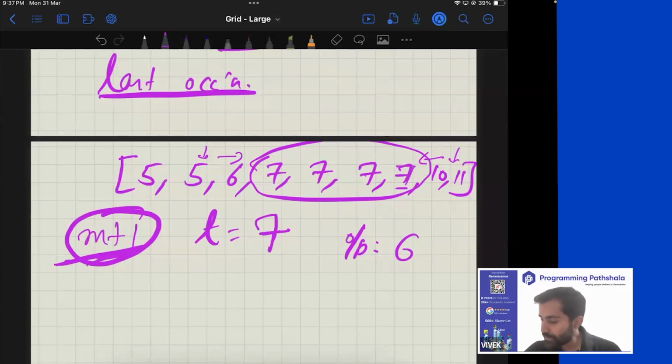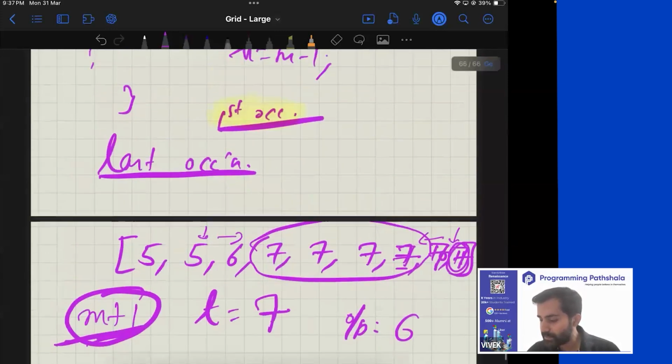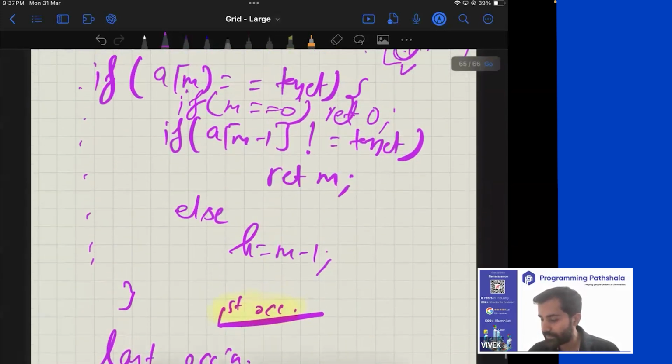See, if the last occurrence of 7 was at last index, let's say you had 7, 7, and again 7 here. So in that case, if your mid is here, you cannot do mid plus 1. You will again get index overflow, right? So what will you do in this case? In this case, you will put a special condition. So, I can modify this existing code itself.